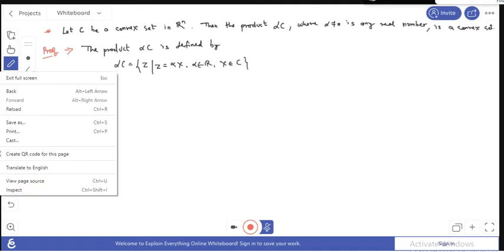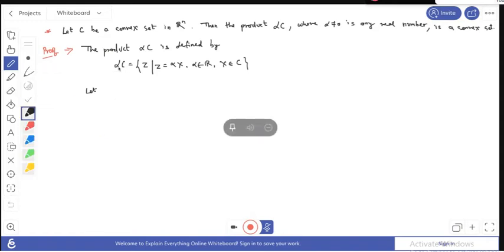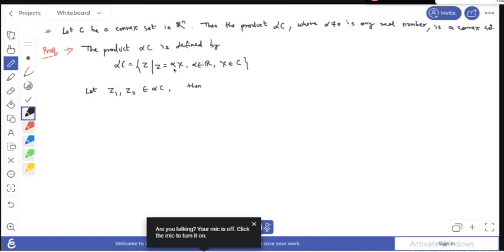Here, if we assume any two elements of this alpha C, so z will be an element of alpha C. Suppose z1 and z2 belong to the set alpha C. If z1 belongs to alpha C, this means for some alpha in R and x1 in C, z1 equals alpha of x1.